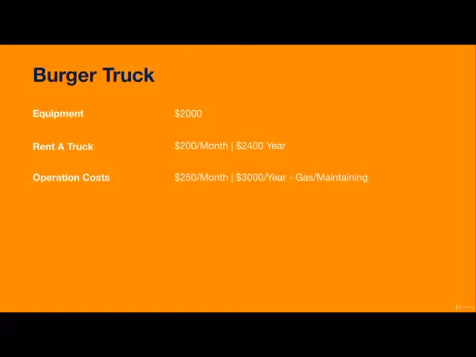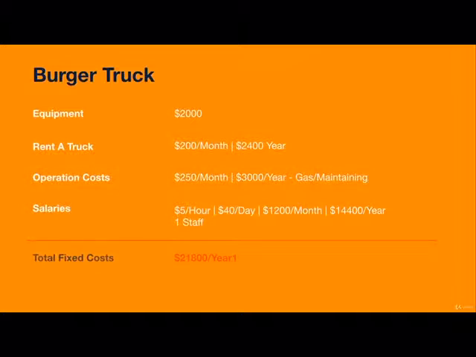You decide to hire one staff for $5 an hour. He will work 8 hours a day, which equals $1,200 a month and $14,400 a year. Your total fixed cost will be $21,800 for the first year and $19,800 for the second year, assuming that you will continue using the same equipment.